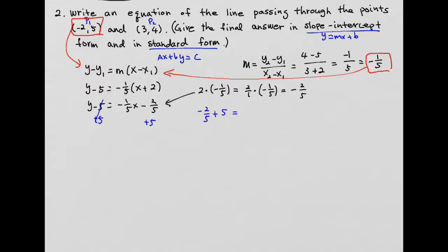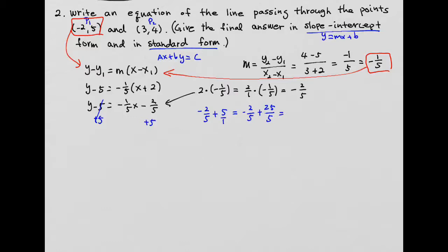In order to do the addition of fractions, you have to have the same denominator. So 5 becomes 25 over 5, right? Because 5 has 1 as the denominator, you multiply numerator and denominator by 5. So it becomes 25 over 5.